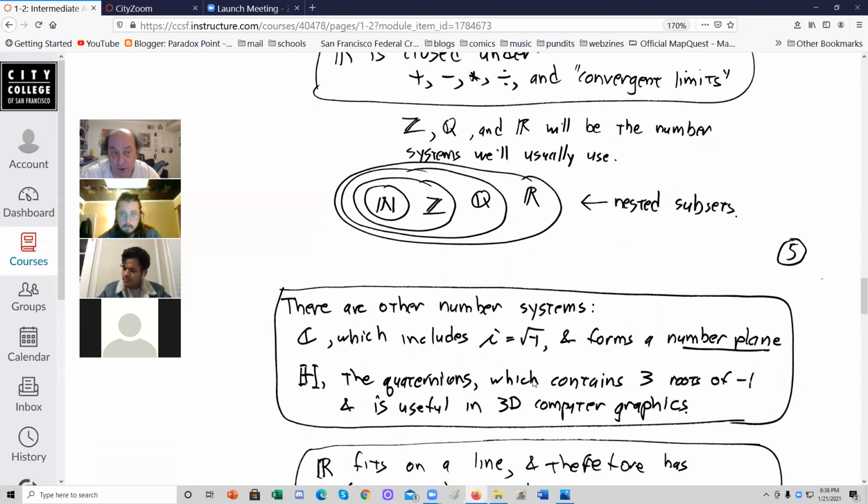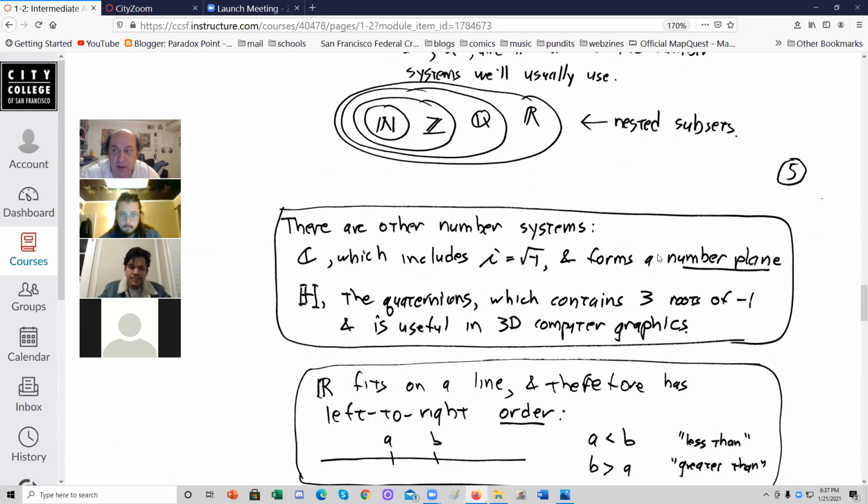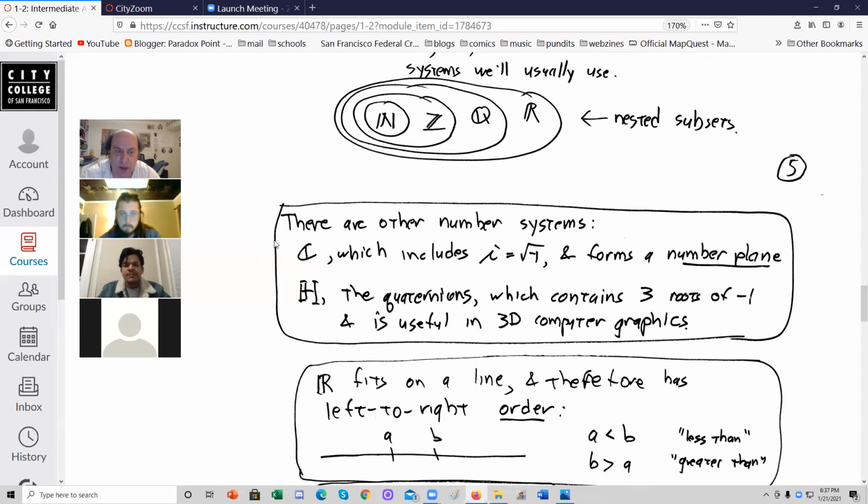There are other number systems going further. We will get to, I think we'll get to C, the complex numbers, which includes the square root of -1. And instead of forming a line of numbers, it forms a number plane. We will not be getting to H, called the quaternions. This includes 3 square roots of -1 with some weird qualities where i times j is not the same as j times i.